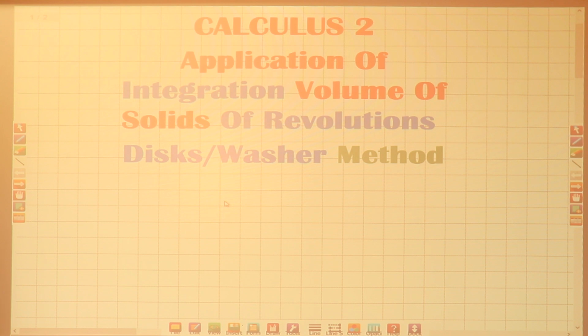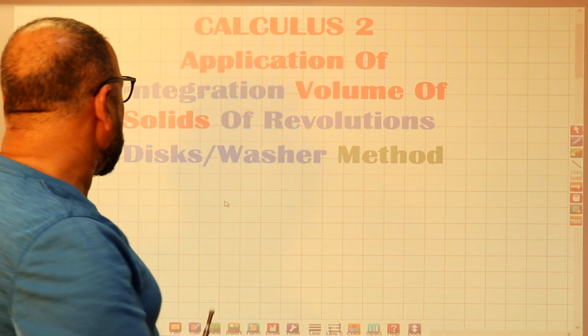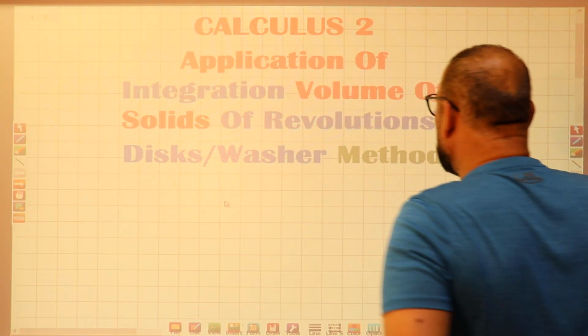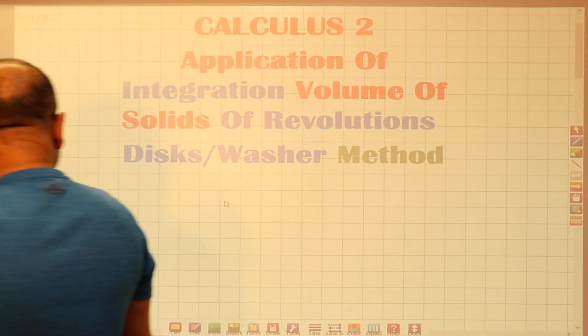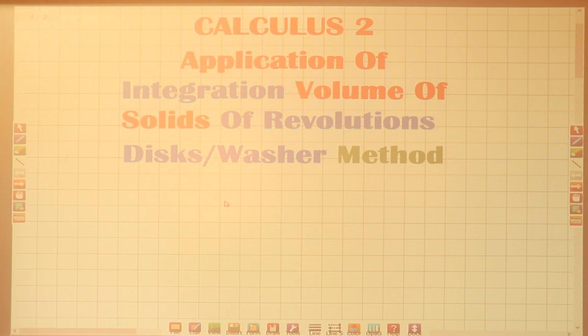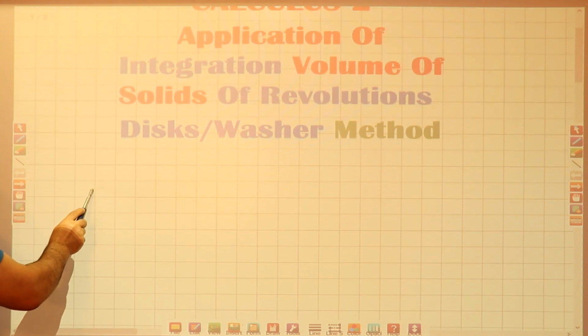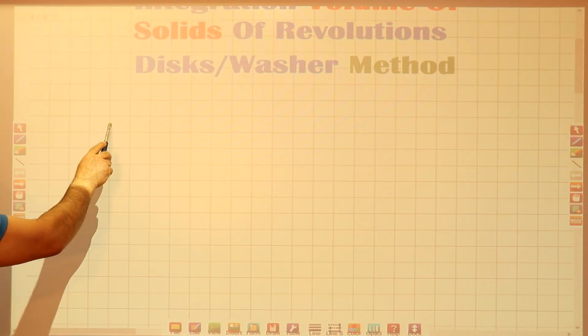In calculus 2, application of integration, volume of solids of revolution, disk and washer method. Let me just explain what the difference is between disk and washer.